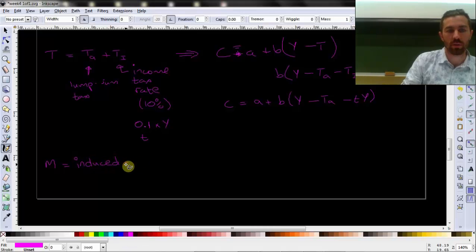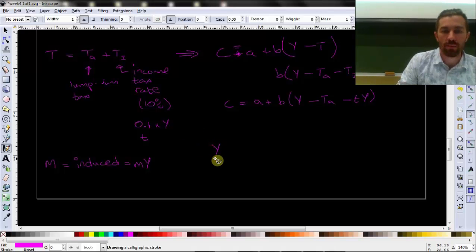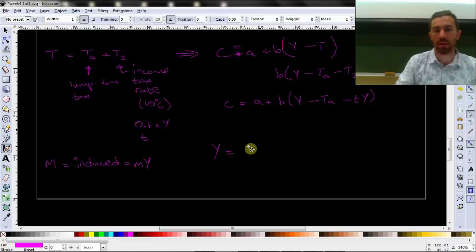So what we're going to say they're equal to is a little m times y. Okay. So what does our expenditure equation look like now?